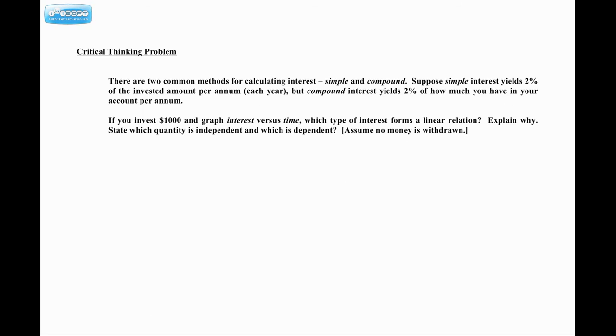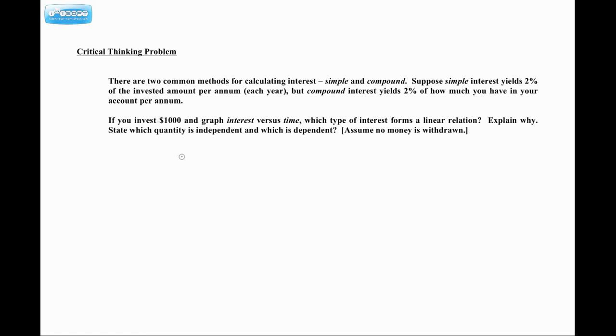Okay. So I'm actually going to answer this last part first, because I'd say that's pretty easy. We have two quantities: the interest earned and time. Well, which one depends on the other? It wouldn't make sense to say time depends on interest earned. We would say the interest earned depends on how much time has gone by.